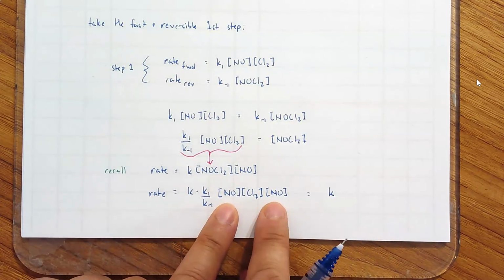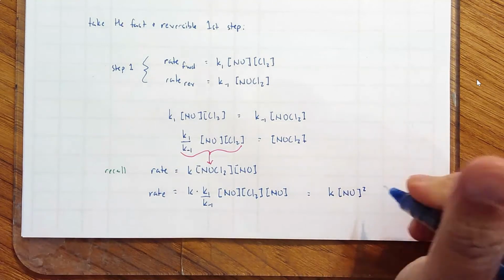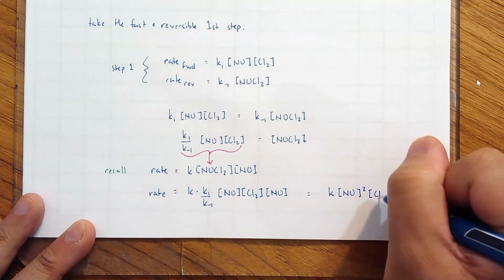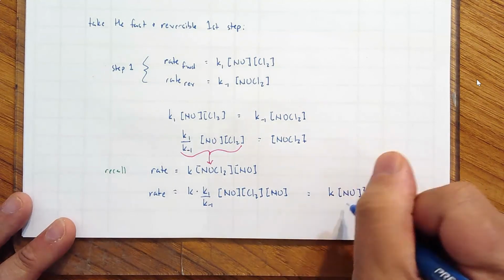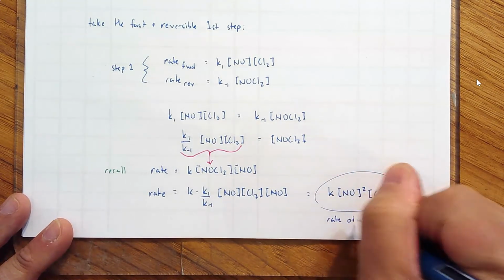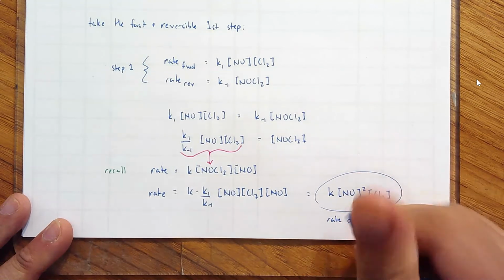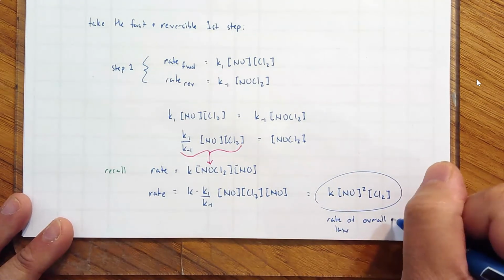We have NO twice. That means it's NO squared. And then we have Cl2. What we were able to do, this is the answer, by the way, for the rate of overall reaction. And we should say the rate law of overall reaction.